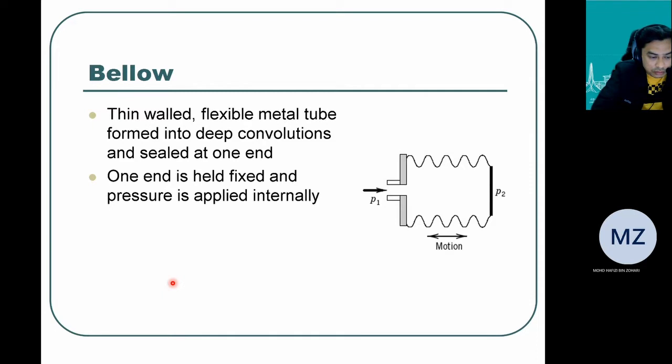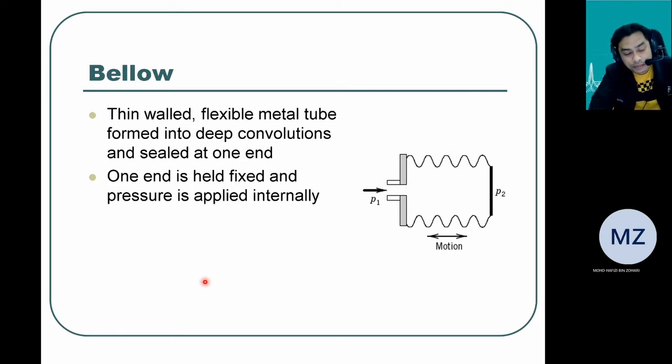All right. Then the next is the bellow. It's actually a thin wall, flexible metal tube formed into deep convolutions and sealed at one end. So one end has no opening, and the other end has an opening to make sure the pressure comes in, and that pressure will give a motion to the metal tube in only one direction.